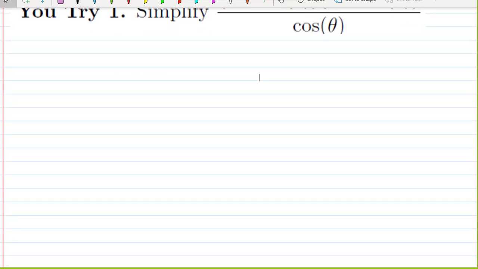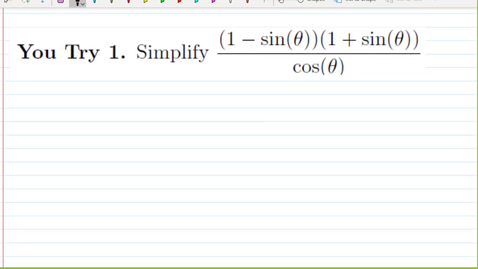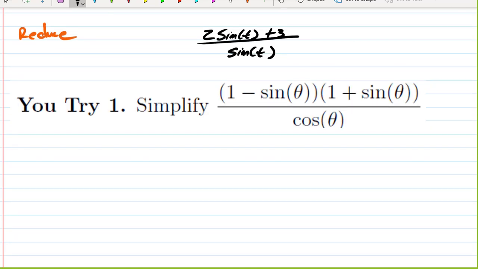All right, so to resolve our U-try, the first thing we're going to do is distribute.